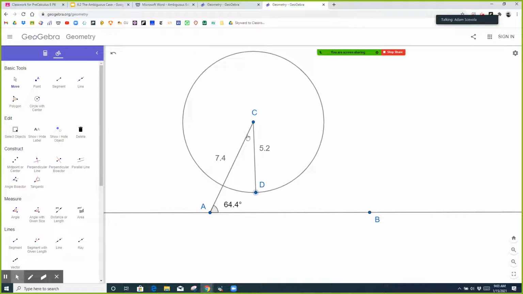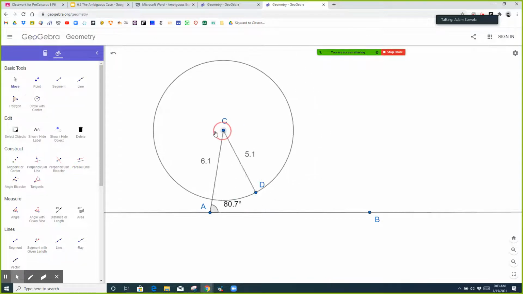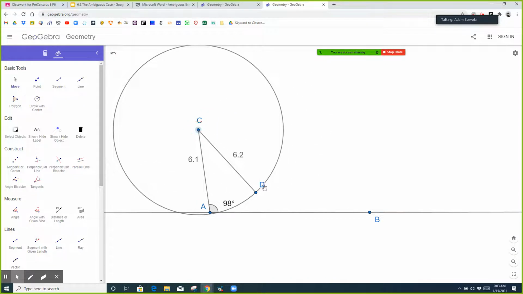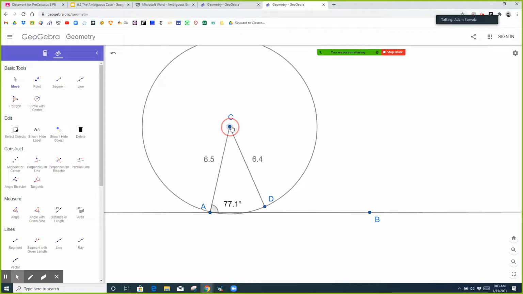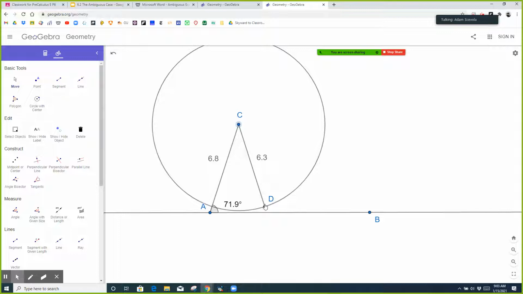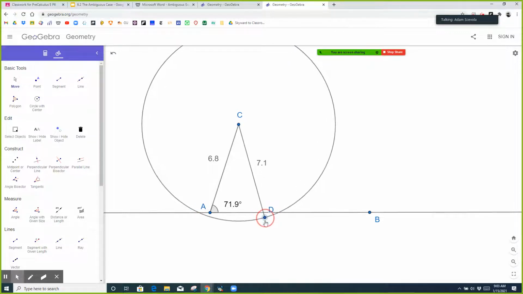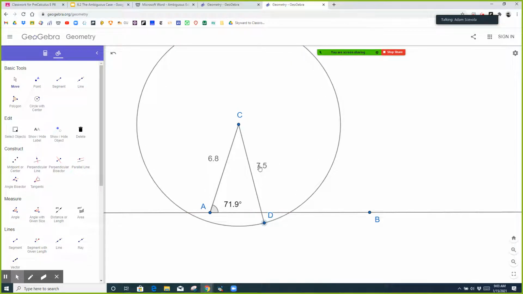So when you have an acute angle, the first thing you want to look at is the side opposite. Oops, sorry, I didn't mean to move this. So is the side opposite the given angle, in this case 7.5, more than the side adjacent the given angle? If it is, then you can tell by the circle that there's only one triangle that you can make.